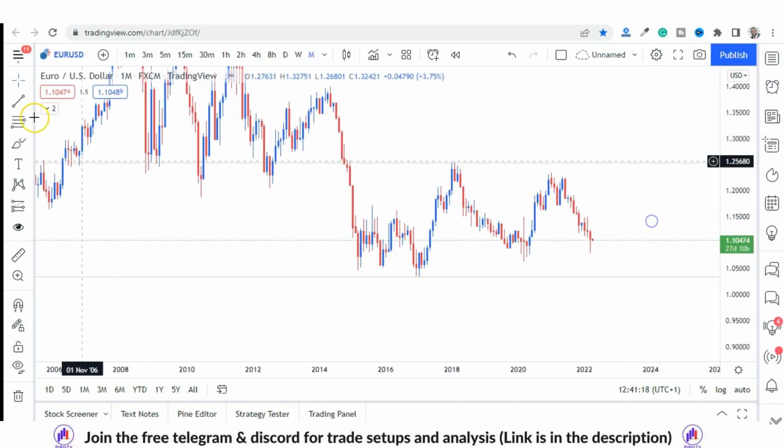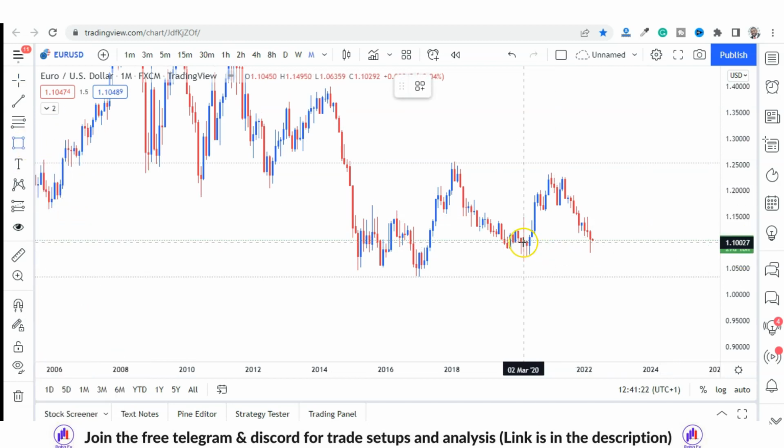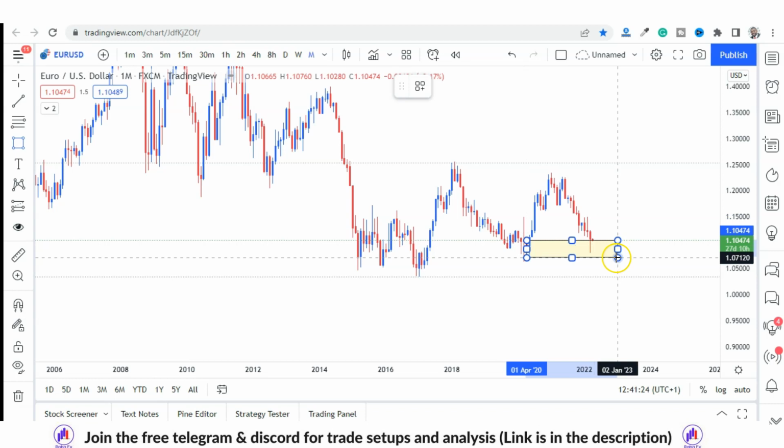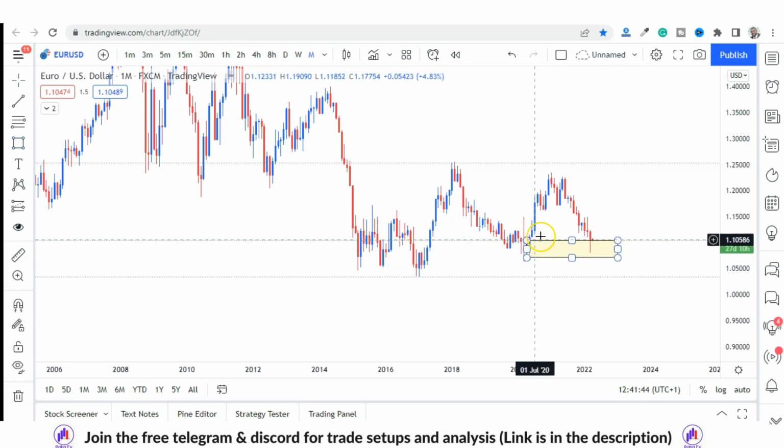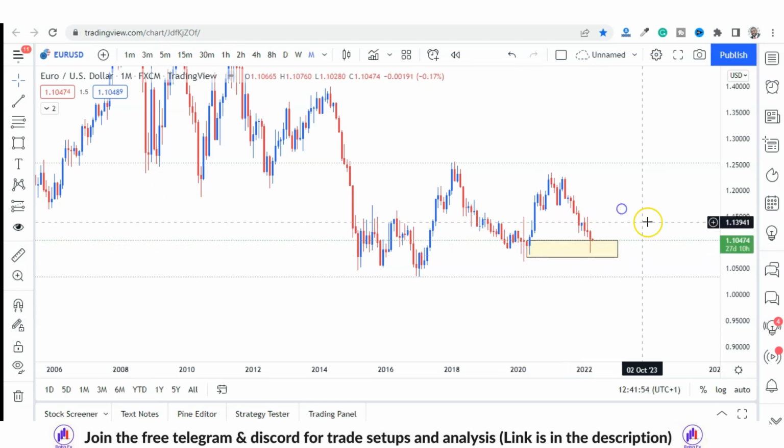So from the Euro USD monthly, this is the monthly time frame, we identify this order block here. And we notice that the market took out all this liquidity, this month low, and traded into the order block.